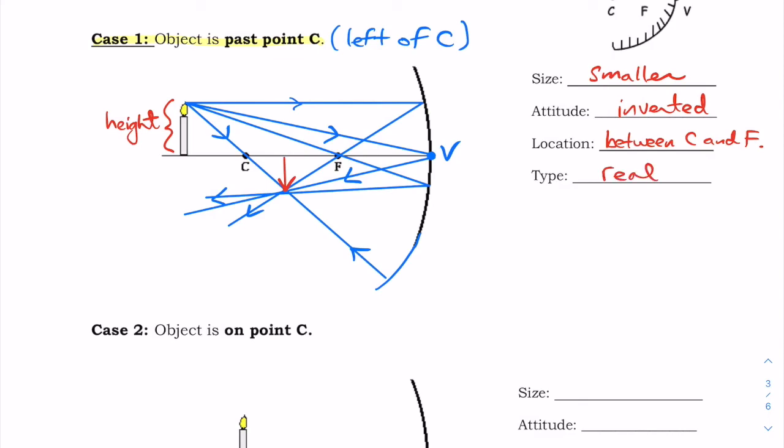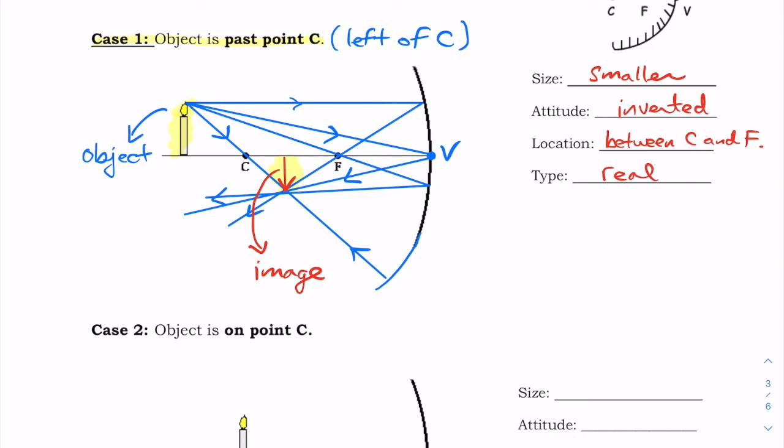So just to remind you, when we were talking about plane mirrors, they always formed virtual images. You can form a real image with a concave mirror. So just to make it clear, everyone, here's our image. And I'll just get rid of this height over here. And this would be your object.